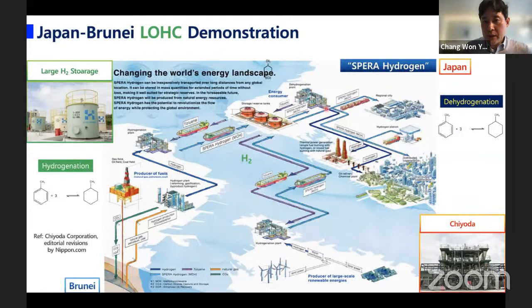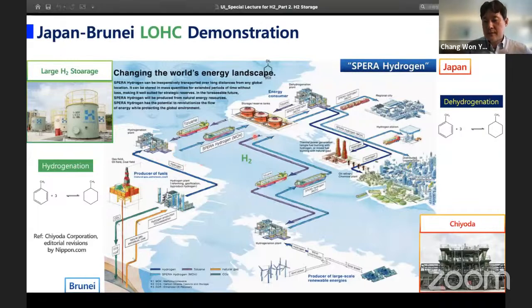The hydrogen will be delivered through the hydrogen pipeline into a hydrogen city, where they consume it, and then the toluene actually goes back to Brunei to repeat this process. In this way, Japan gets CO2-free hydrogen produced at Brunei.